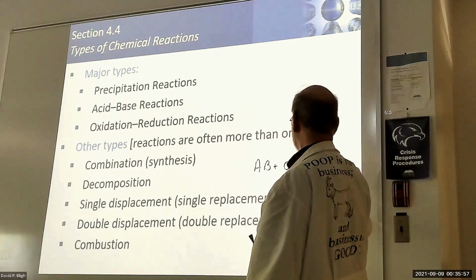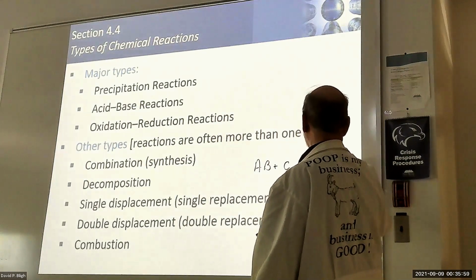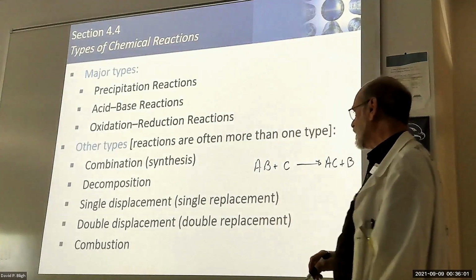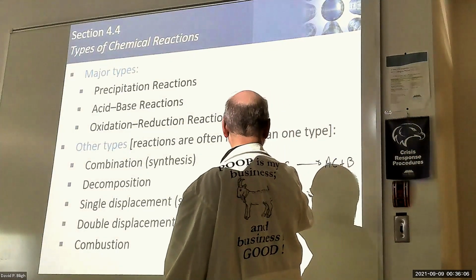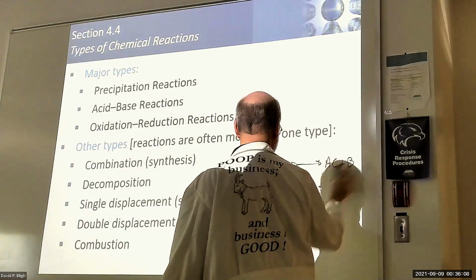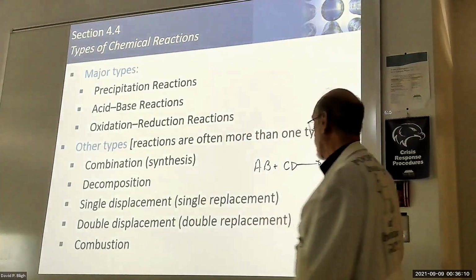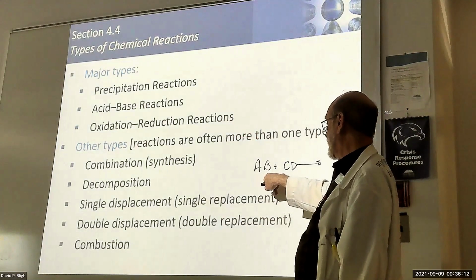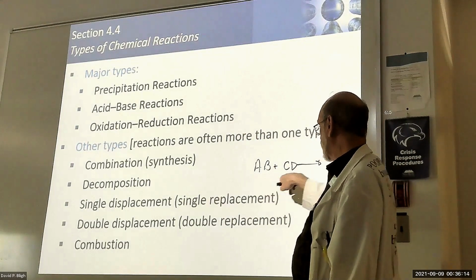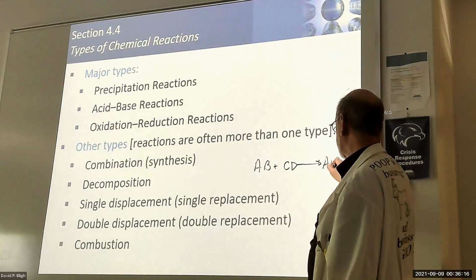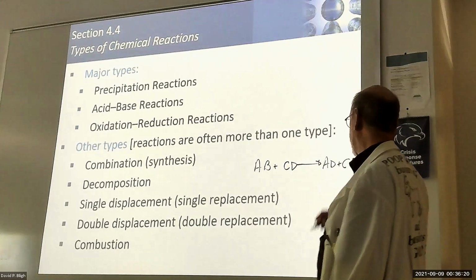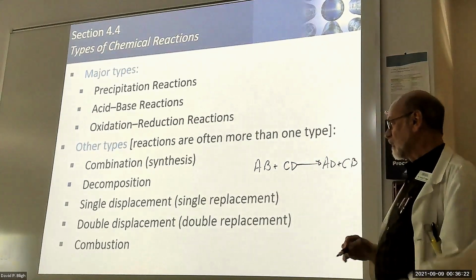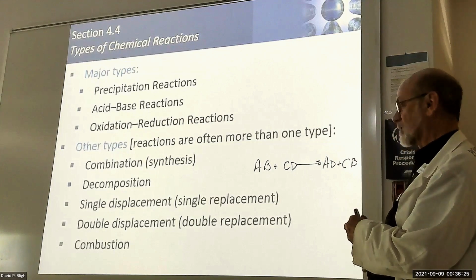Let's just say B displaces. So that's a single displacement. A double displacement, A, B, C, D. Now, since I've written it that way, that's the cation, that's the anion. So this cation combines with that anion, A, D, and this cation combines with that anion. That's a double displacement reaction.